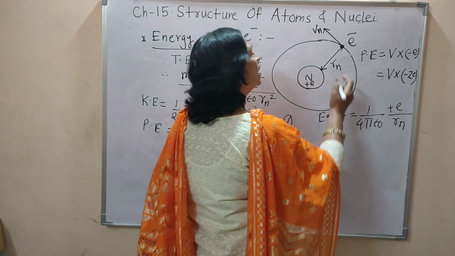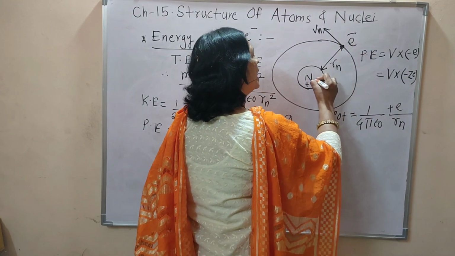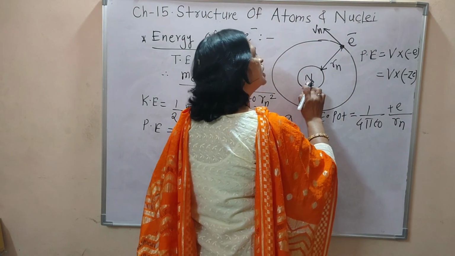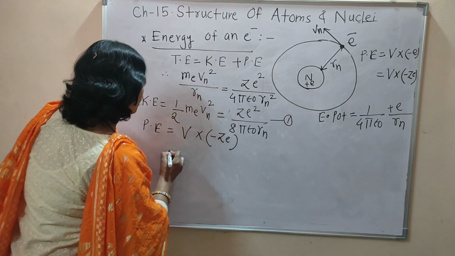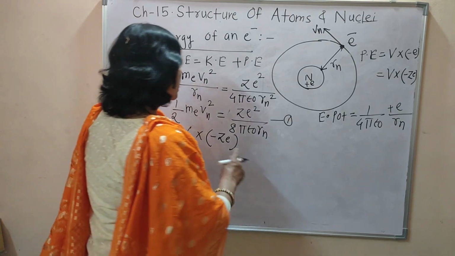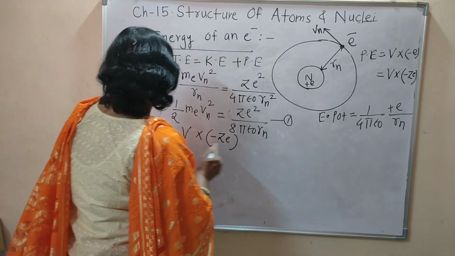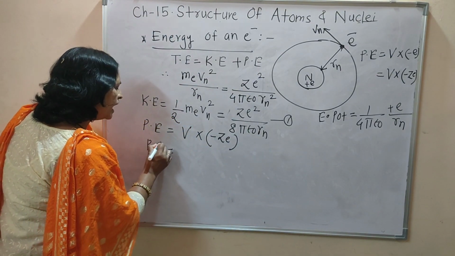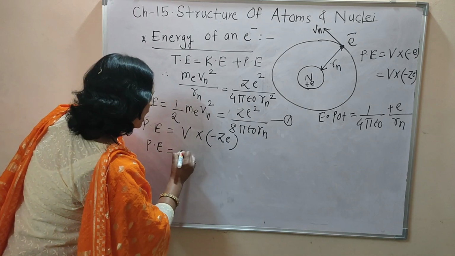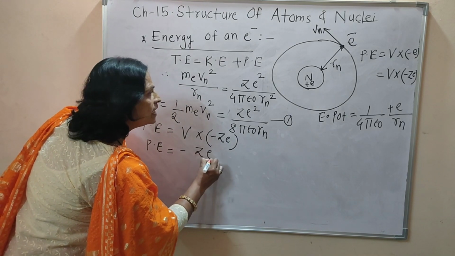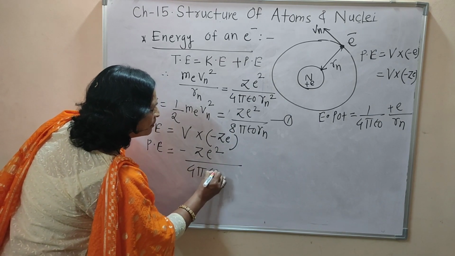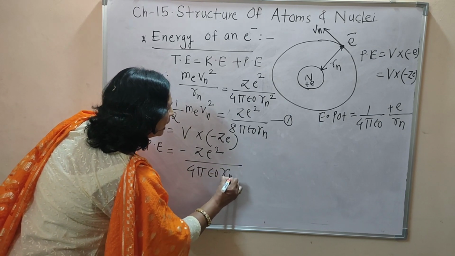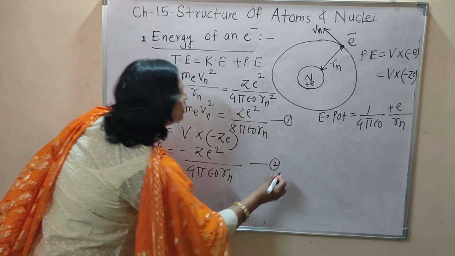This is the electrostatic potential at distance Rn from this charge. Now we multiply this electrostatic potential with minus Ze, and therefore the potential energy becomes minus Ze square divided by 4 pi epsilon naught Rn. This is equation number 2.